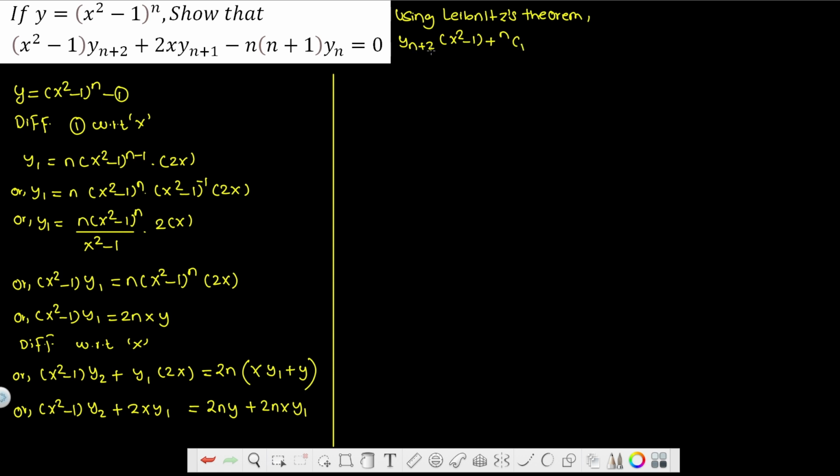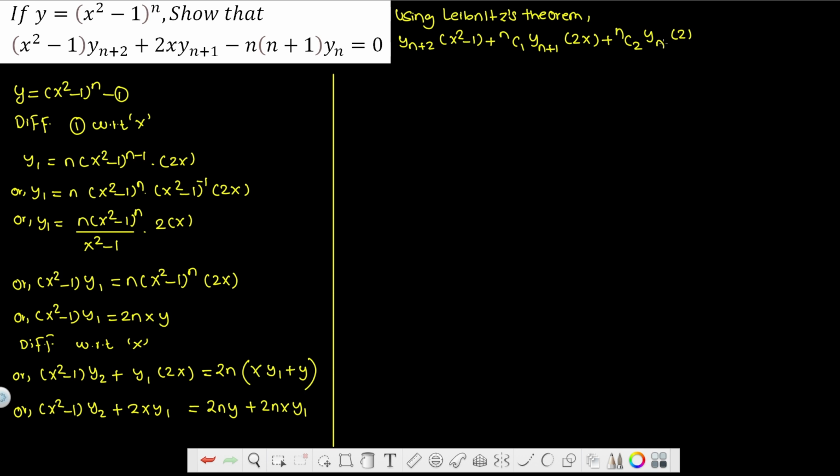We have n plus 2 here, so decrement n plus 2 by 1. We will get y n plus 1, and the derivative of x square minus 1 will be 2x, plus now write nC2. Decrement n plus 1 by 1, we will get yn, and the derivative of 2x will be 2.